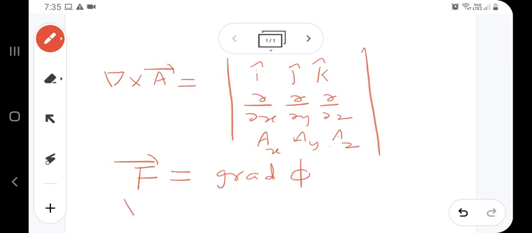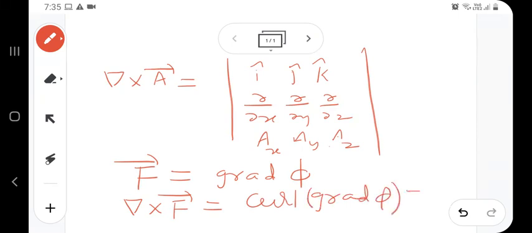If you consider the curl of this, del bar cross f bar is equal to curl of grad phi, and that would be equal to 0. So the curl of grad phi equals 0, where phi is the scalar potential function.